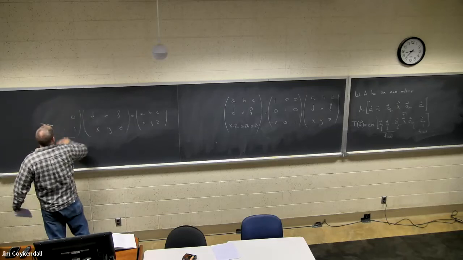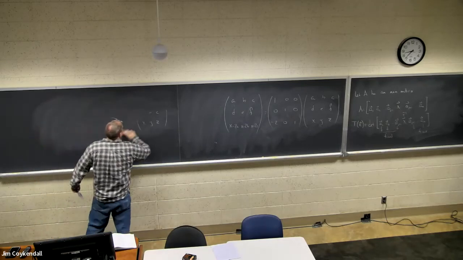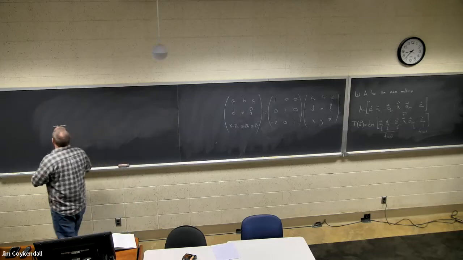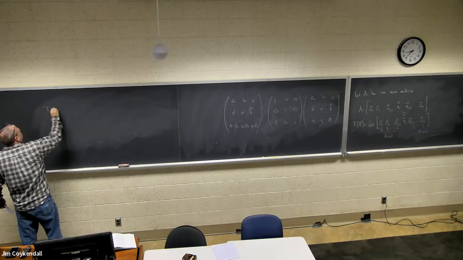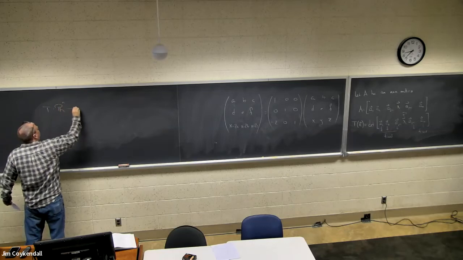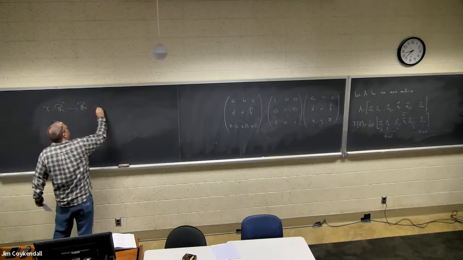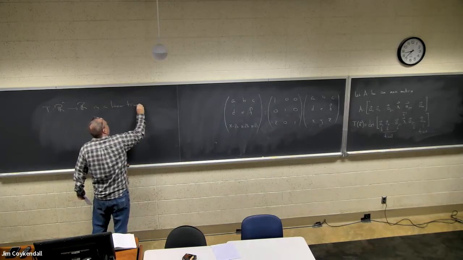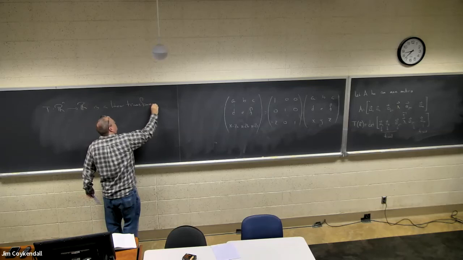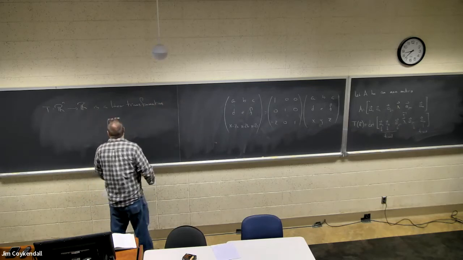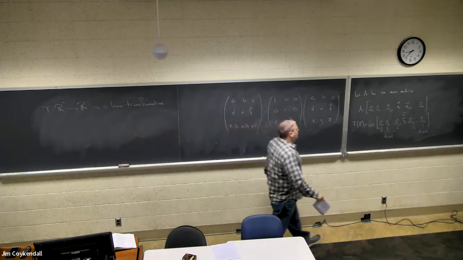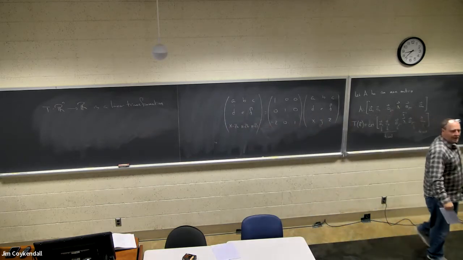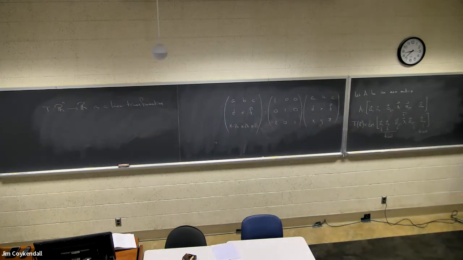This T is a linear transformation from R^n to R, and it's a rather important kind of one. Notice my input is that entire column, and my output is the determinant, a number.